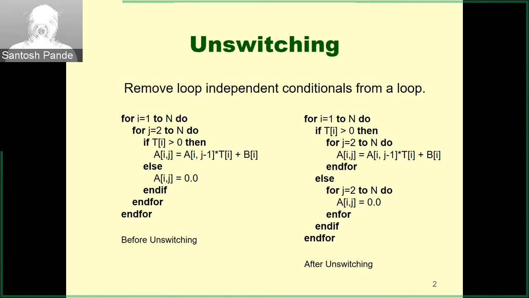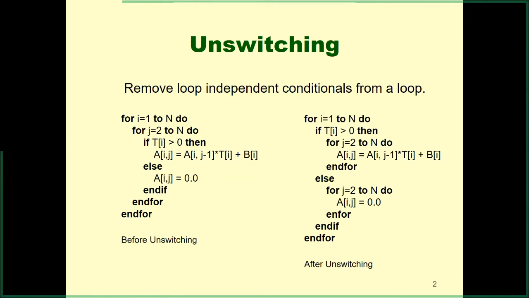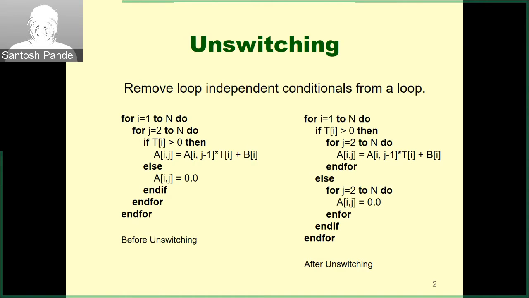We will either execute all of the then side or we'll execute the else side. So there is no question of dependencies between them, and that's the reason for legality of this.